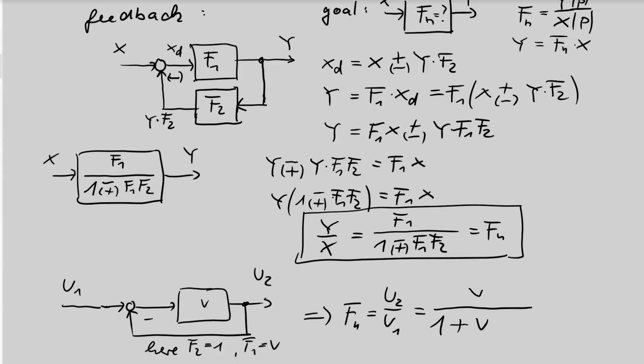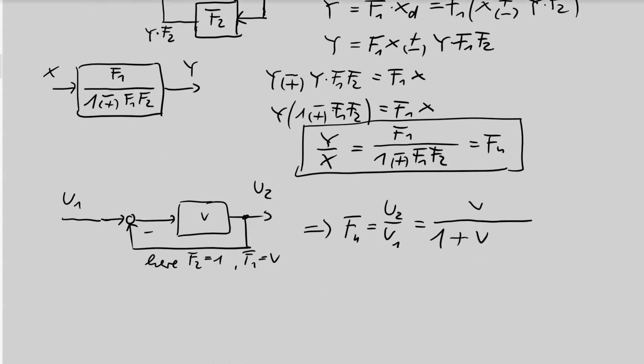With approximation number 1, V goes to infinity. What is the resulting transfer function? F nu is infinity divided by 1 plus infinity.